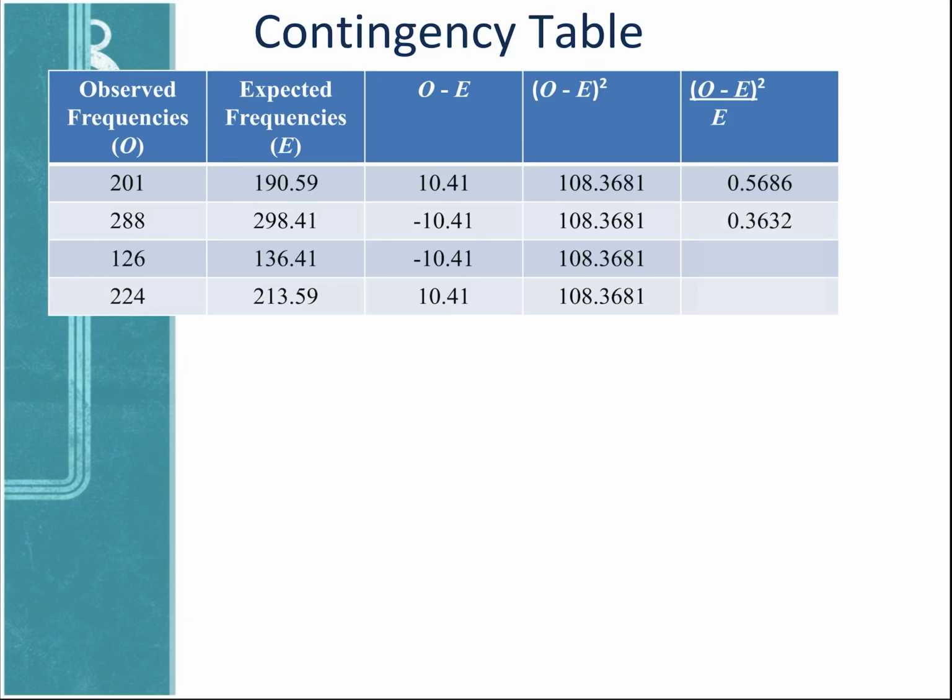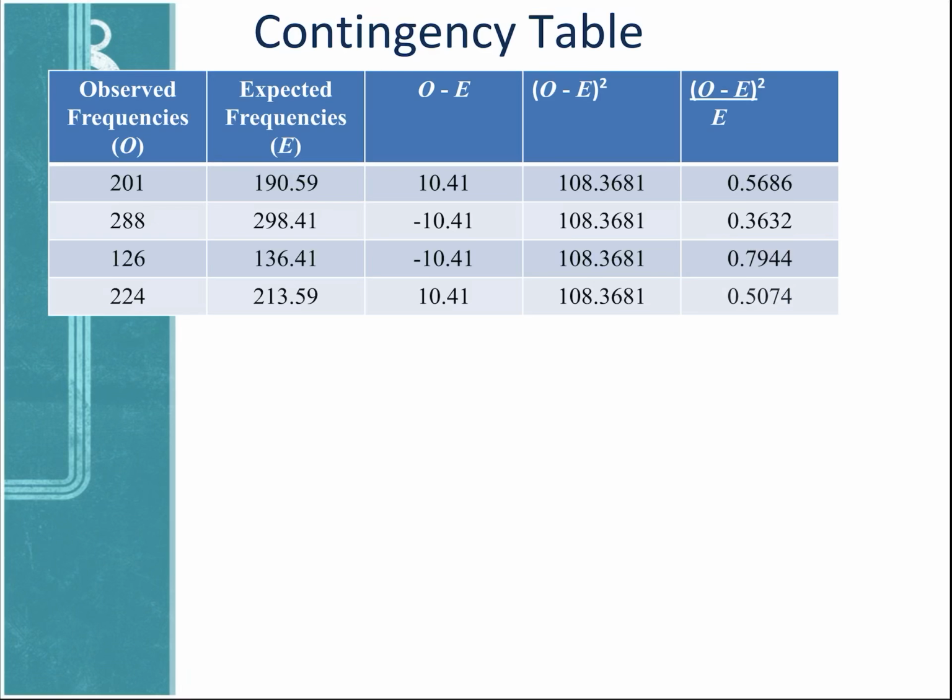And 108.3681 divided by its expected value, 298.41, gives us 0.3632. And so on. 108.3681 divided by 136.41 is 0.7944. And finally 0.5074 for the last one.